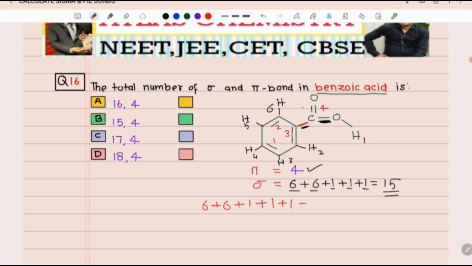So the total number of sigma bonds is 15. So our answer B is the correct answer.